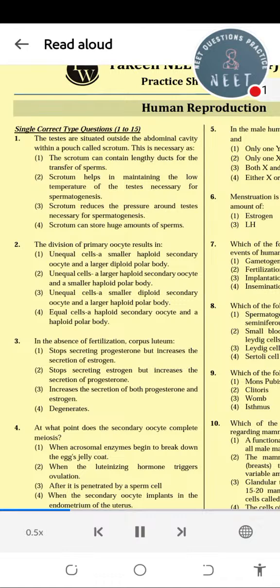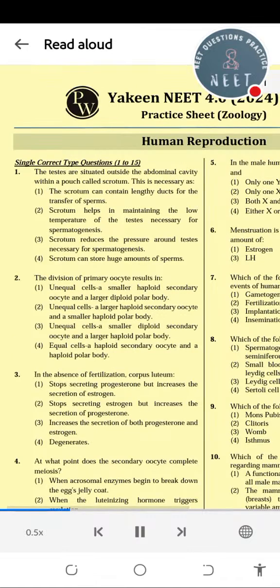This is necessary as: 1. The scrotum can contain lengthy ducts for the transfer of sperms. 2. Scrotum helps in maintaining the low temperature of the testes necessary for spermatogenesis. 3.